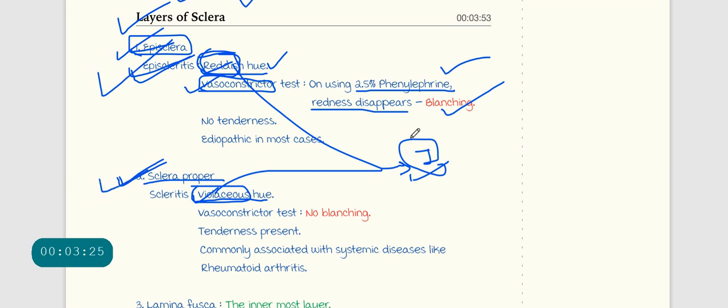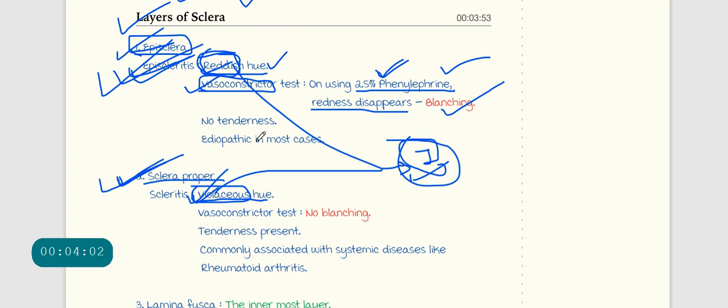We apply 2.5% phenylephrine. If after applying it we see a violet or bluish color, then it is crystal clear that it was inflammation of the sclera proper. And if there is no redness and no violet color, then it is clear that the inflammation was in the episclera.